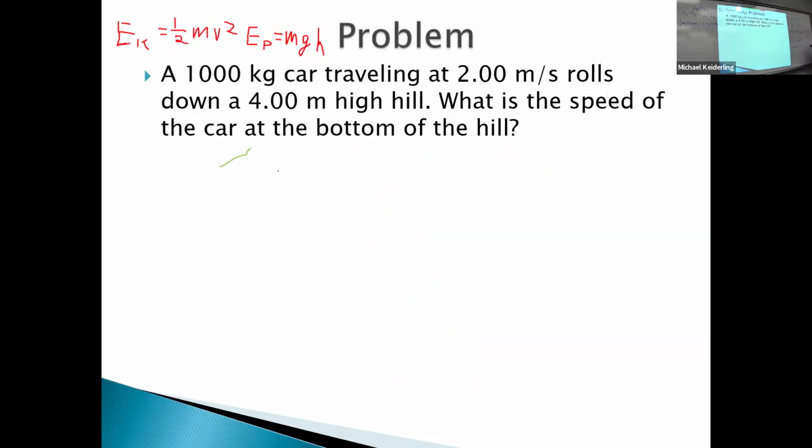Here we have a 1,000 kilogram car traveling at 2 meters per second, and it rolls down a 4-meter high hill. What's the speed of the car at the bottom of the hill? So here we have a situation where we start with both kinetic energy and potential energy, go down this hill, and have only kinetic energy.